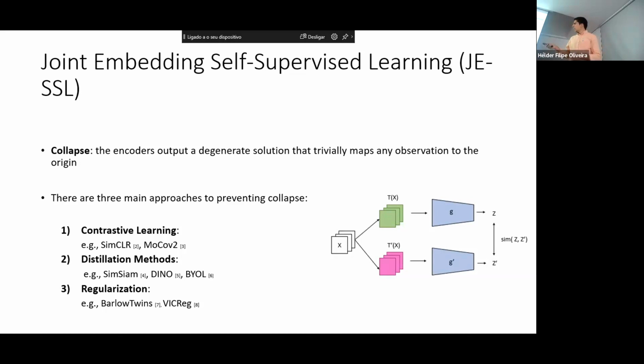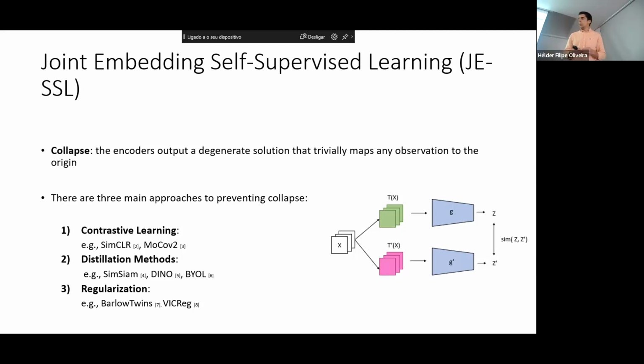For example, in SimSiam neural networks, we have a predictor network aside from the projector, and what we want to do is to approximate the predicted representation of one embedding, given the other embedding, to the embedding we are trying to predict. And finally, with regularization approaches, what we want to do is to reduce redundancy in the latent variables.